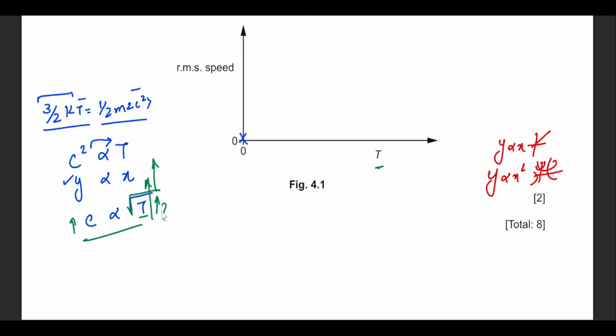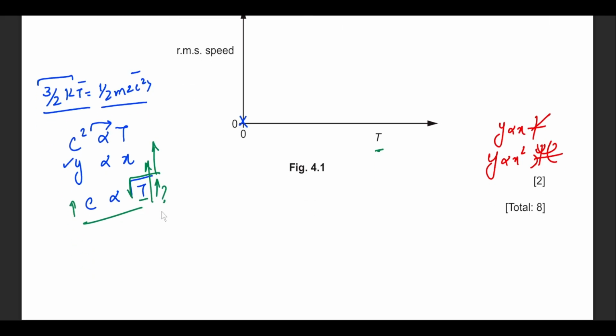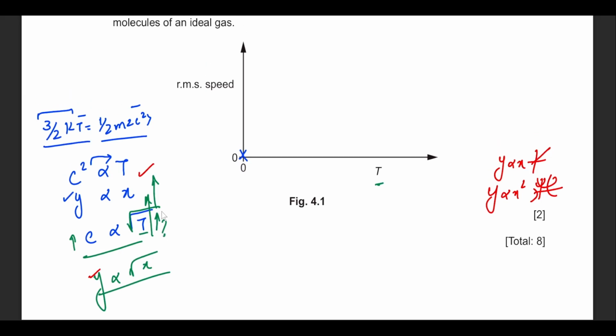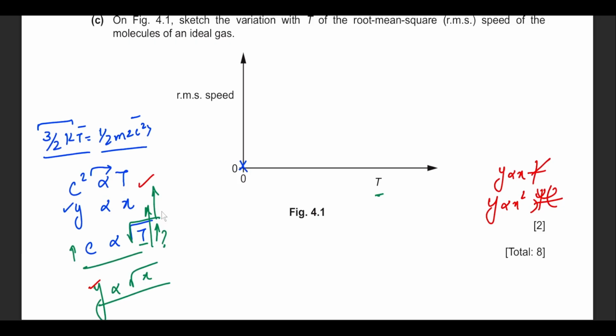If you're not convinced with this explanation, you can just simply go back online and search the graph of y proportional to under root x. We can find that relationship here. That's what we're looking at. But what does that generally look like, so we can apply this everywhere else? The graph of this is going to look something like this.